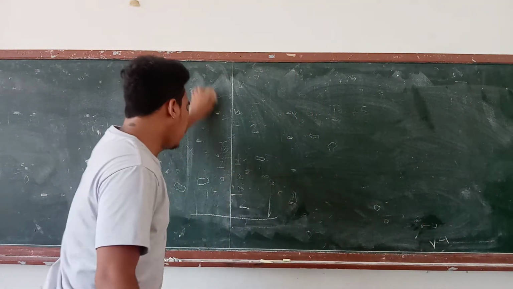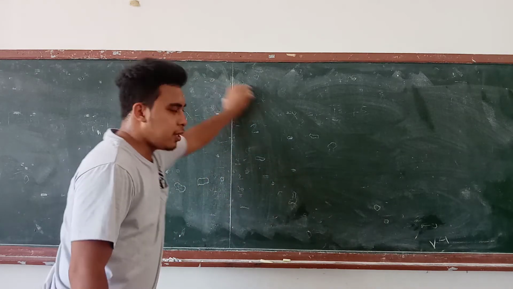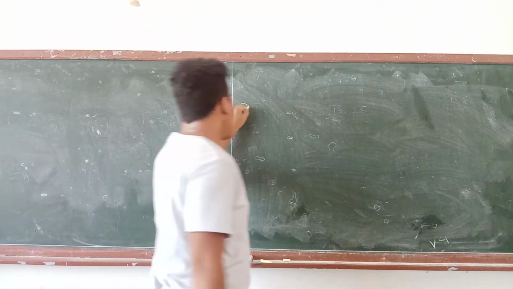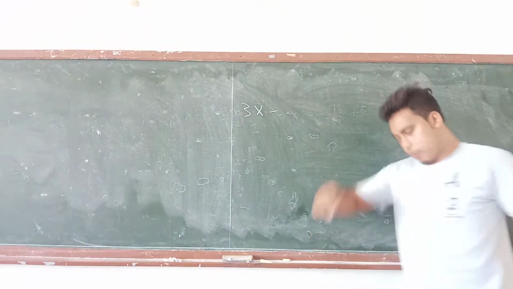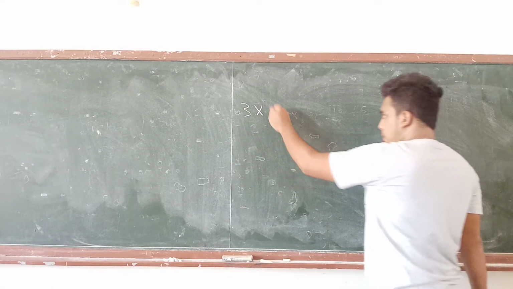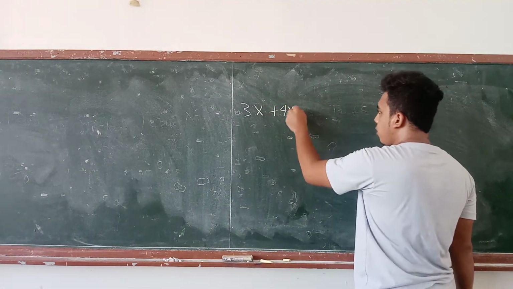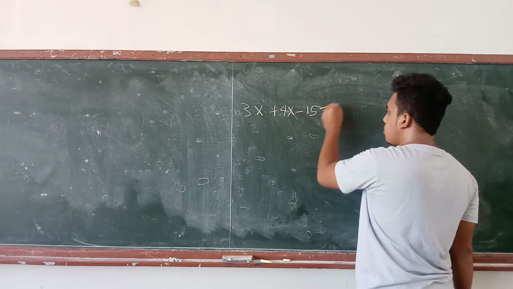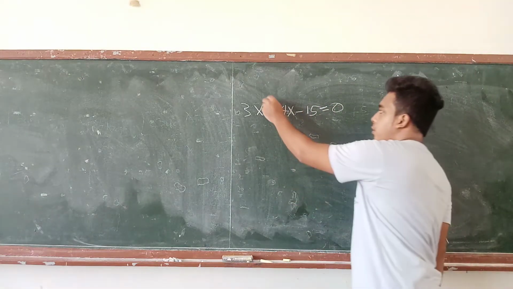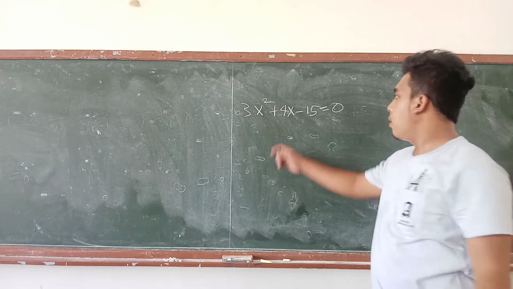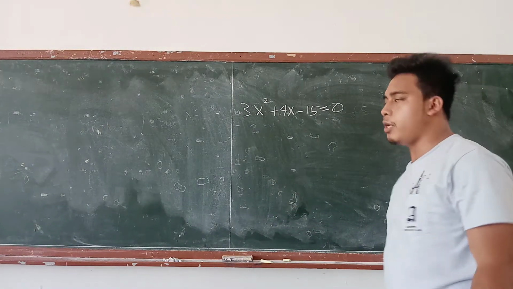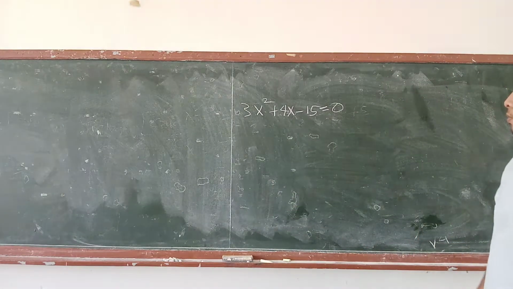If the equation is 3x squared plus 4x minus 15 equals 0.